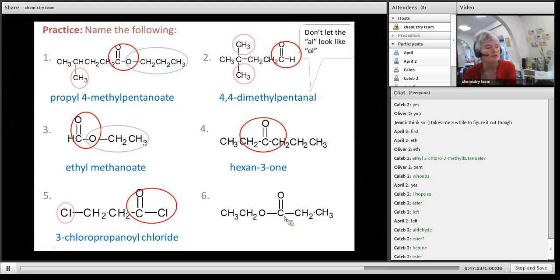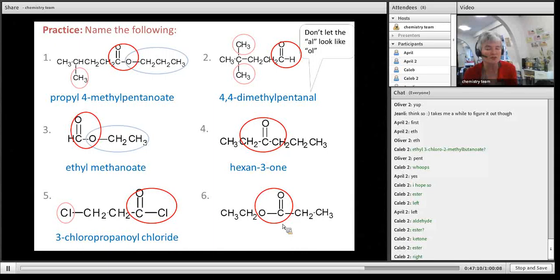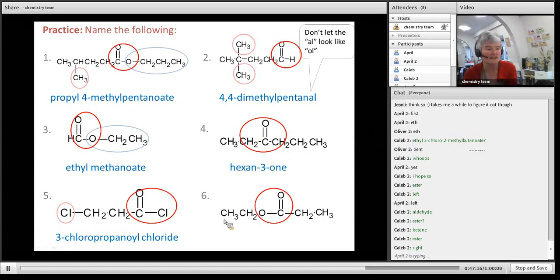Ester. Right. And so is the left the alkanoate part, or is the right the alkanoate part? The right. So this is ethyl, and that would be propanoate, because I've got 1, 2, 3 carbons. Okay, ethyl propanoate.